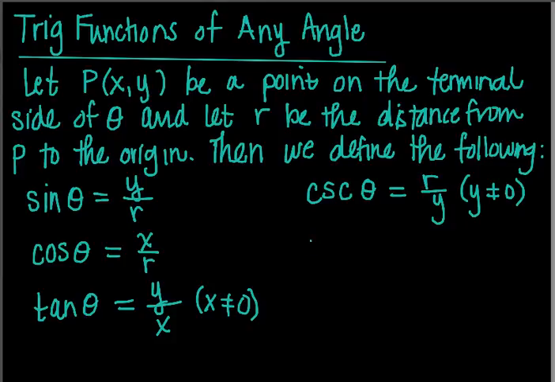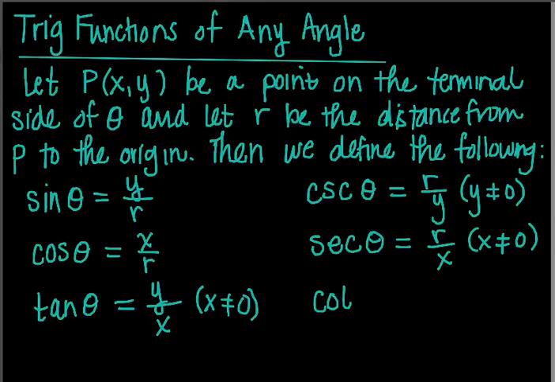That's my fault. And then what would secant be? Secant would be r over x as long as x isn't 0. And finally, cotangent of theta will be x over y, again where y is not equal to 0.